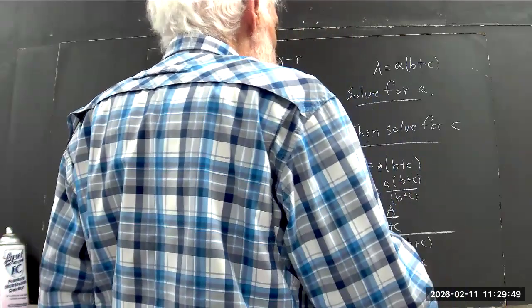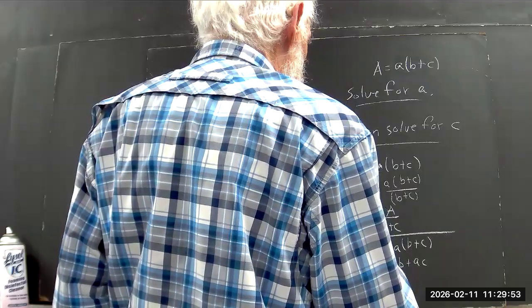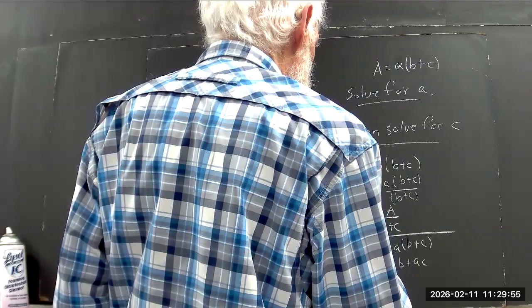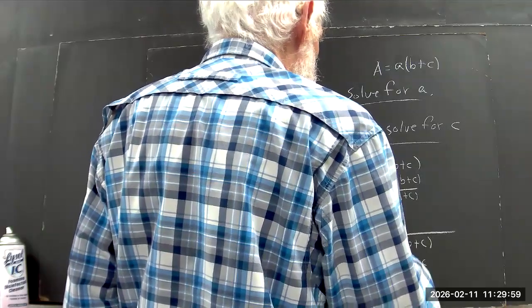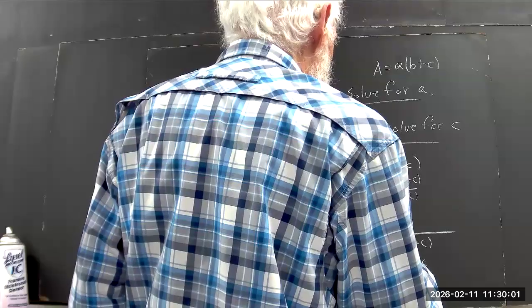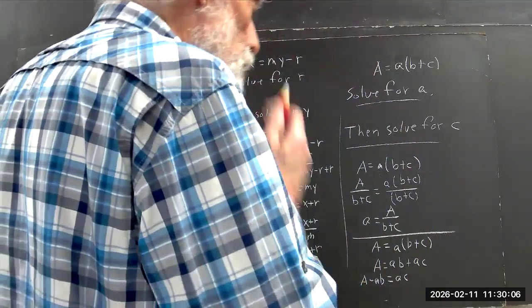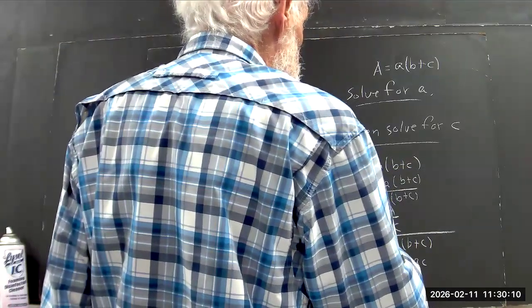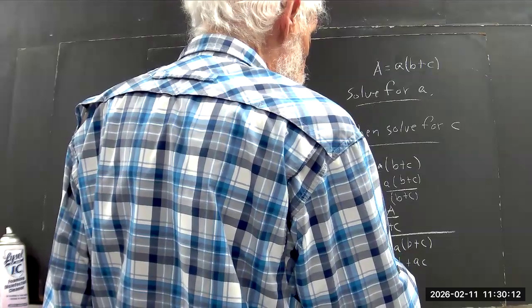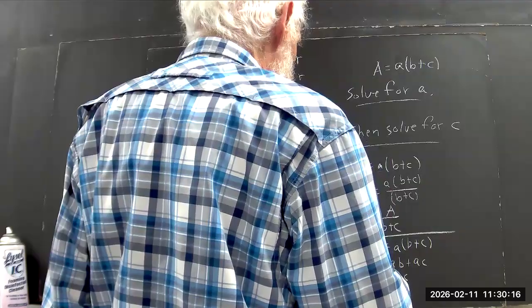So without writing out all the details, we get big A minus ab, that's big A minus little a times b, equals ac. Then we're going to divide both sides of that equation by a, and that will isolate c on the right-hand side because we have ac. Divide by a, we're going to be left with c.